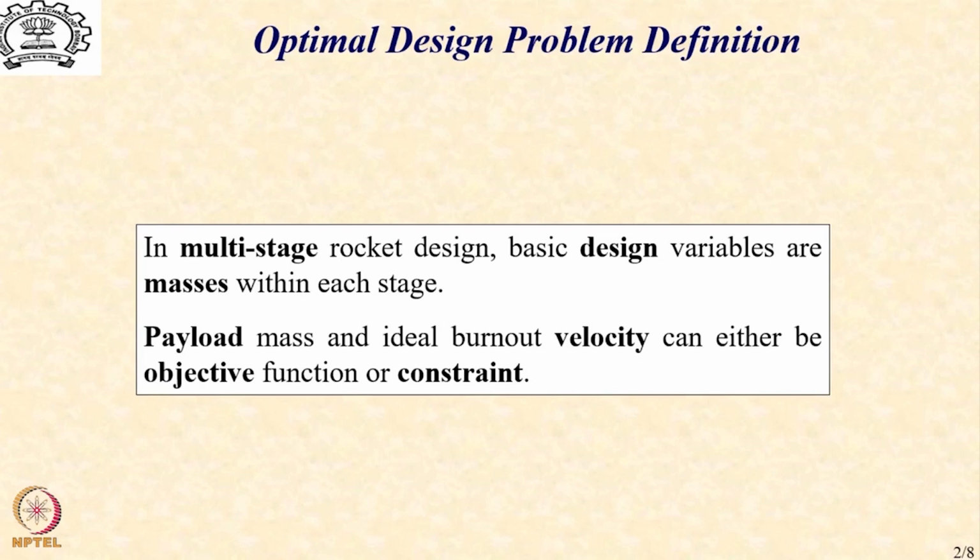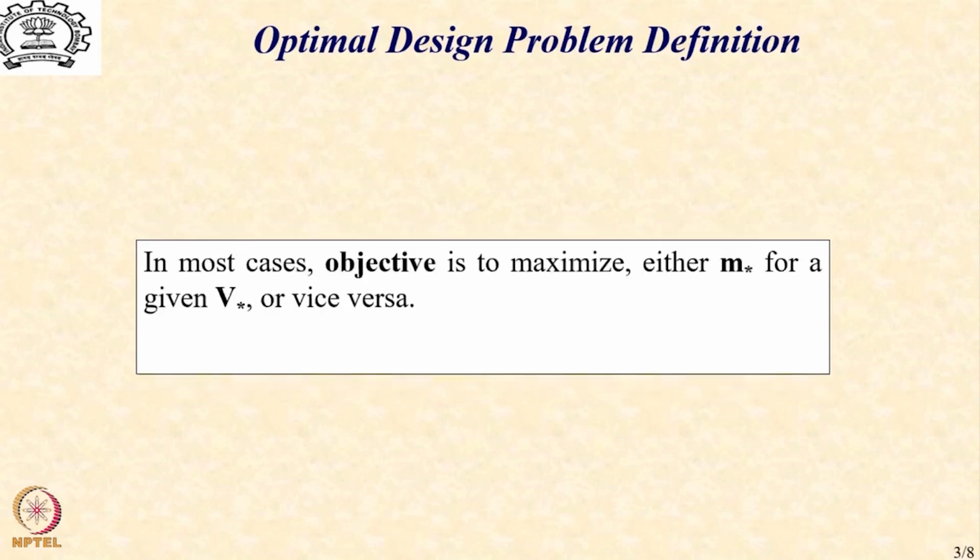On the other hand, when we put the burnout velocity as a constraint and try to maximize the payload mass, what we are indirectly saying is that we want to perform the same mission with different sized spacecraft, and we will find that both these scenarios are possible to be handled in a reasonably structured and simple manner.